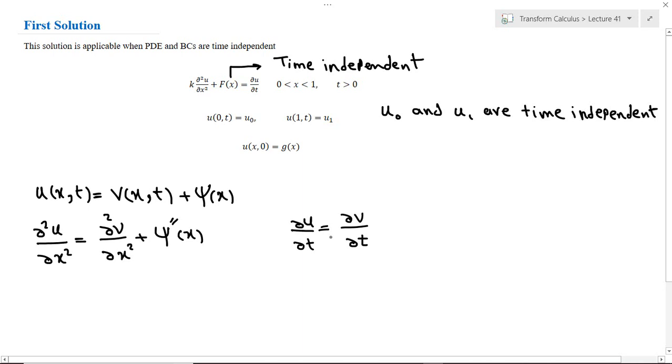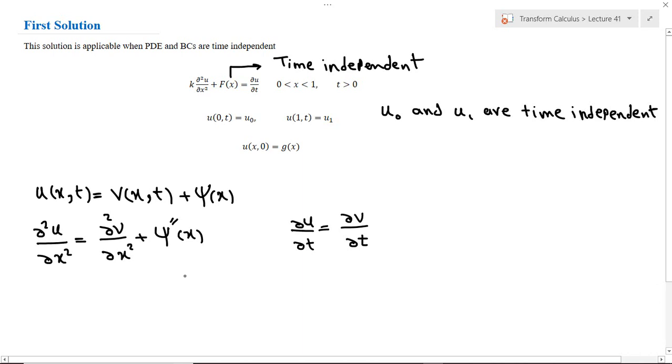Psi of x is not a function of time. As a result, the derivative of psi with respect to t is equal to 0. So the derivative of u with respect to t is equal to the derivative of v with respect to t.